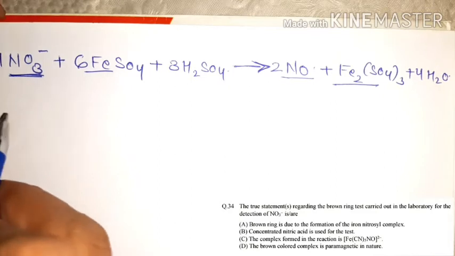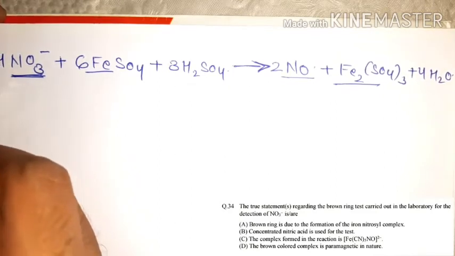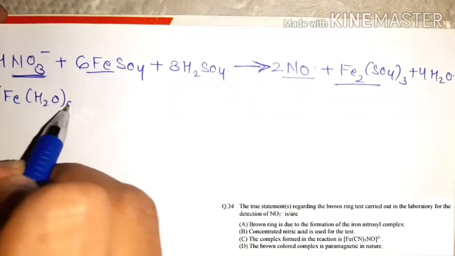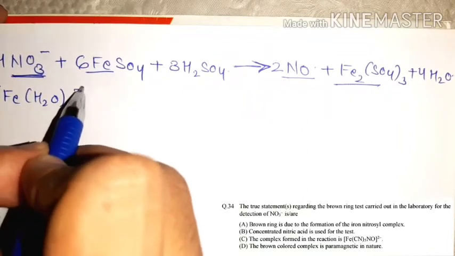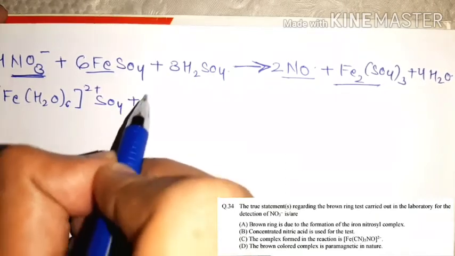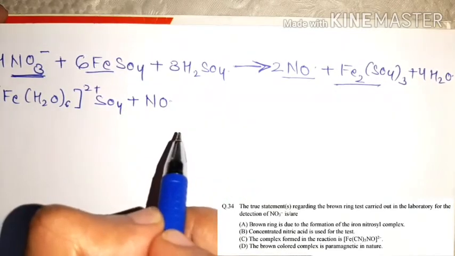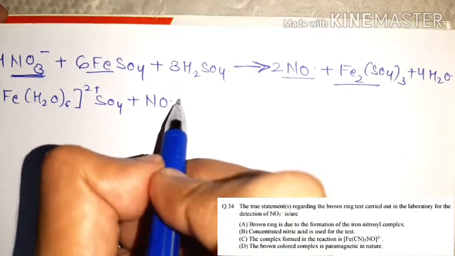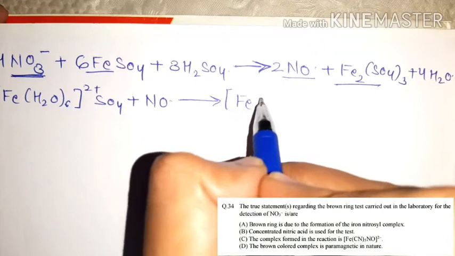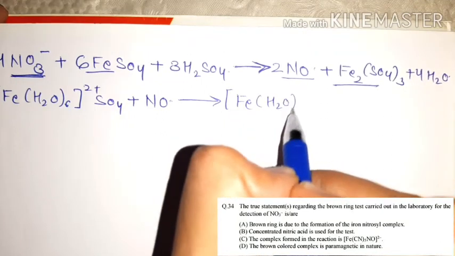So in the next step, the [Fe(H2O)6]2+ with SO4 complex will react with nitric oxide and convert into the iron nitrosyl complex.